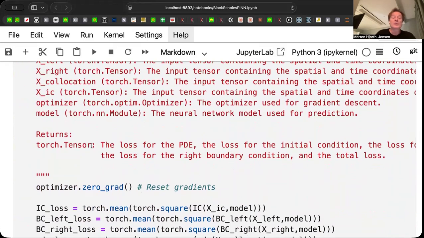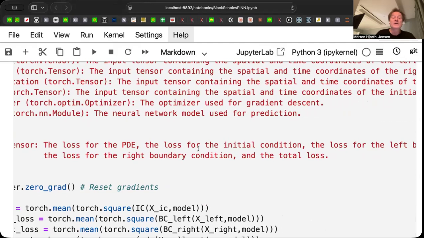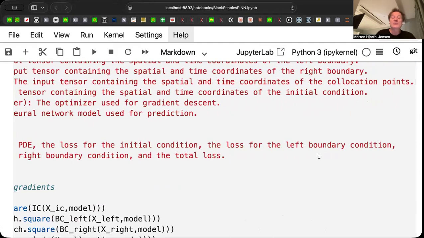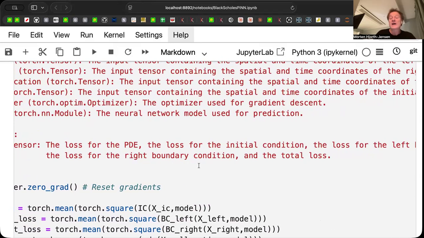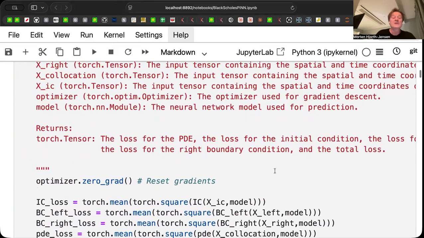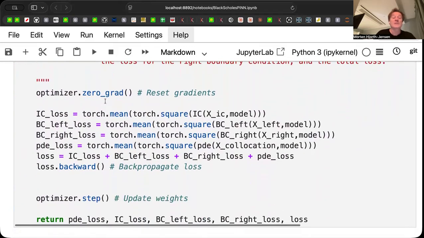And then it returns a torch tensor. It returns the cost function for the partial differential equation, for the initial condition, and for the boundary conditions. And then it has also the function for the right boundary conditions, and then also the total loss. And this is essentially what it is doing here.